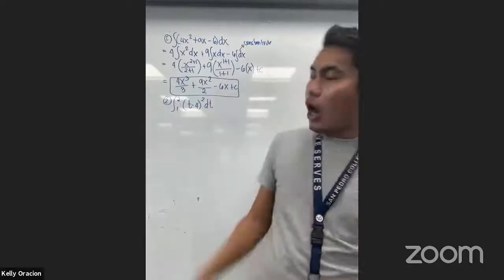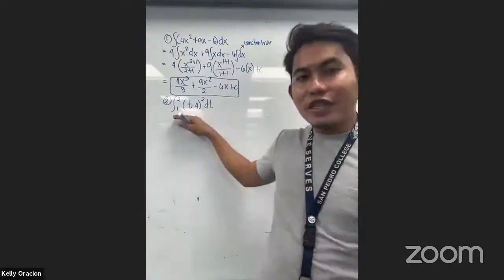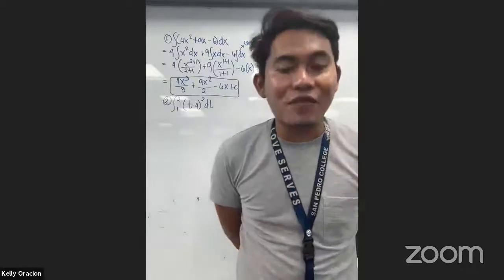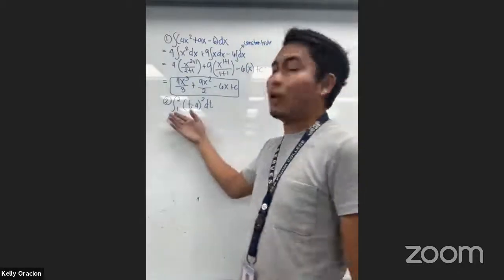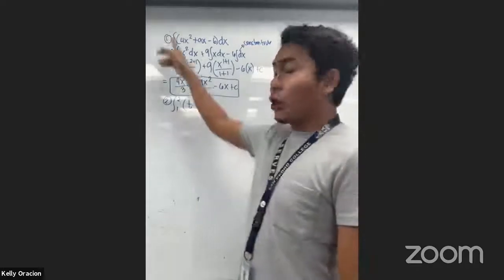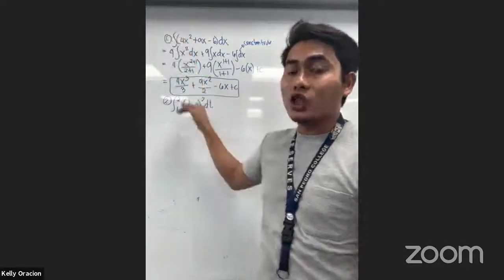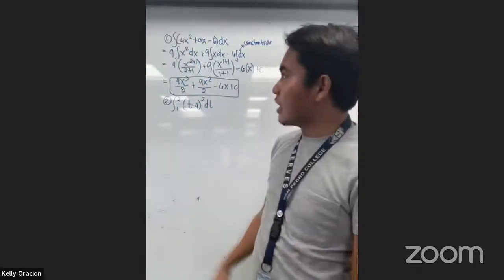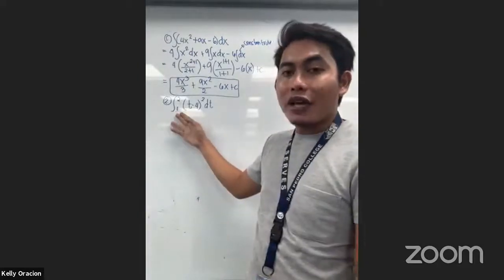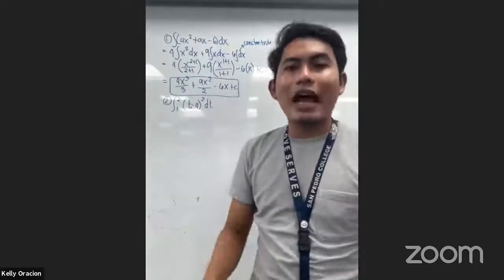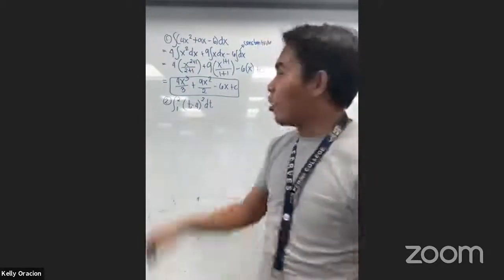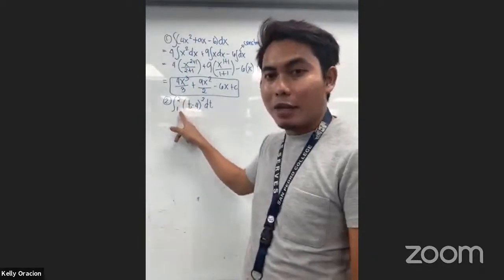Okay, for our second example, this is an example of definite integral. How can you tell that this is a definite integral? If you compare example 1 and 2, as you can see, here there is a constant at the side, at the top and at the bottom of the integral sign. This is the upper limit and the lower limit.